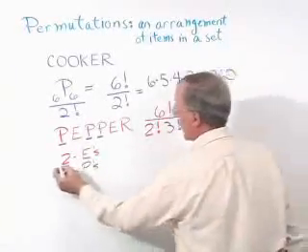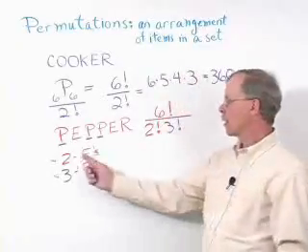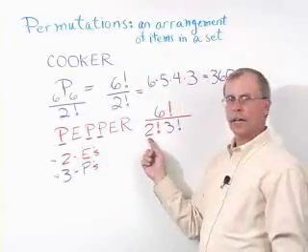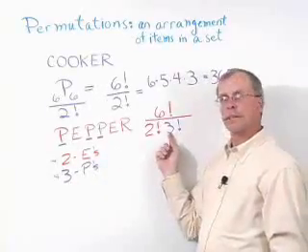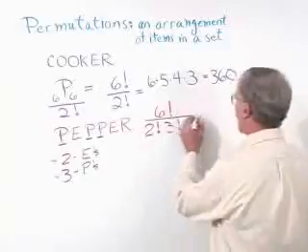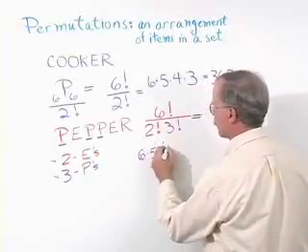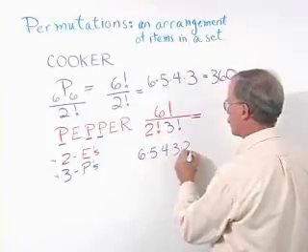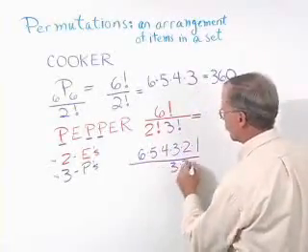So we divide out each of these repeating values. 2 E's says you have to divide by 2. 3 P's says we have to divide by 3 factorial. And so we wind up with 6 times 5 times 4 times 3 times 2 times 1 over 3 times 2 times 1.